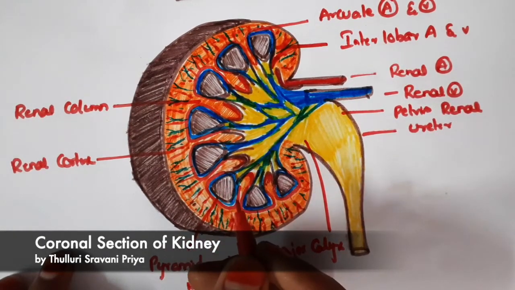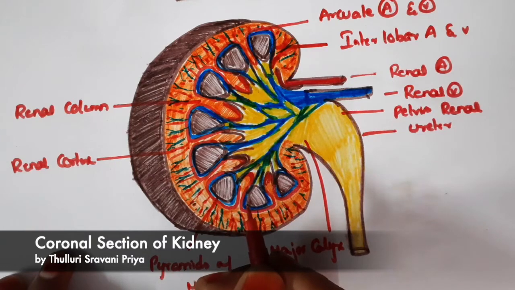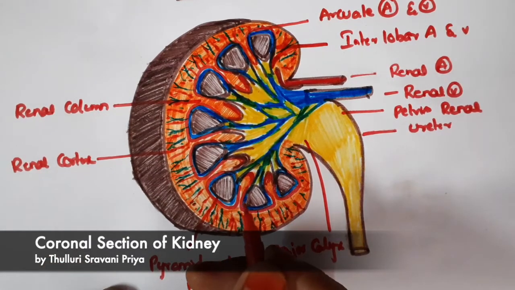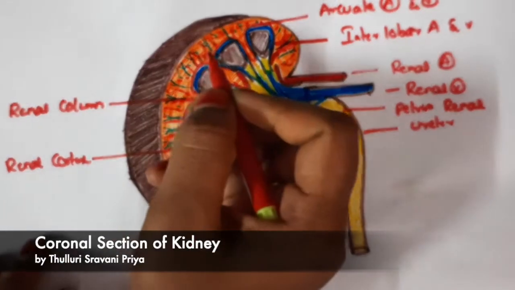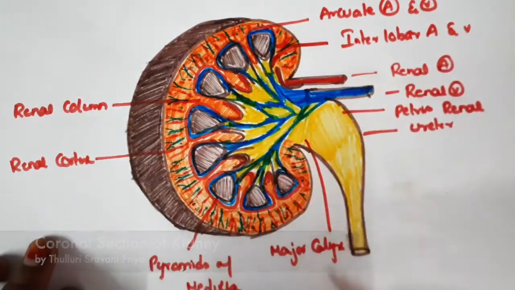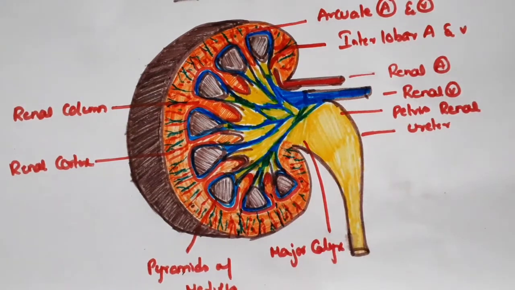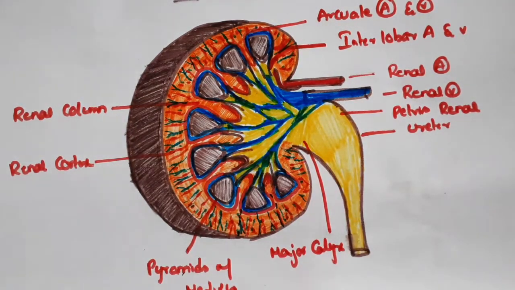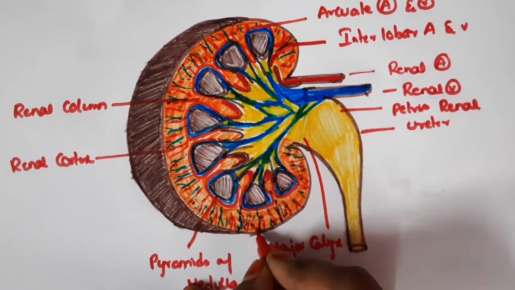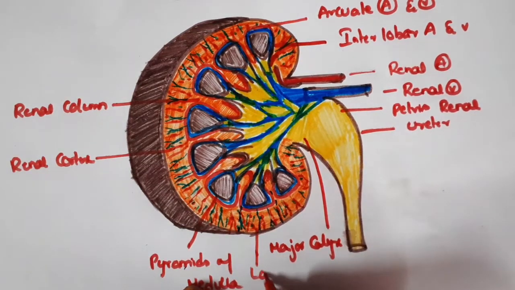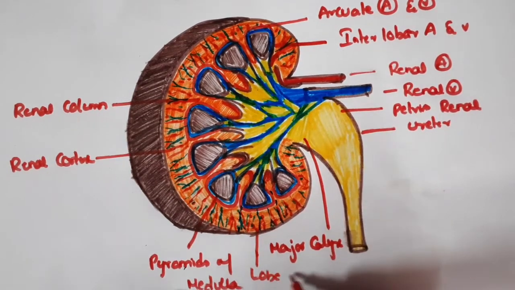Over the base of the pyramid, each cortical area will form a cap-like structure known as a cortical arch. The pyramid with the cortical arch is known as the lobe of the kidney. Each pyramid with the above-lying cortical arch is known as a lobe of kidney.